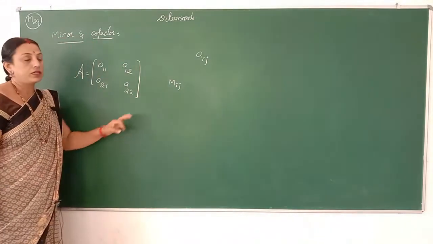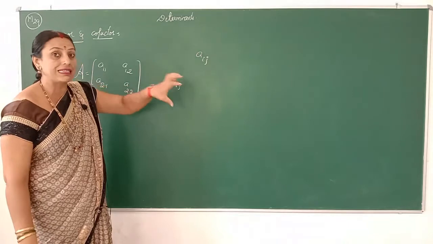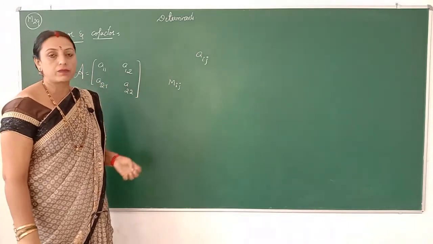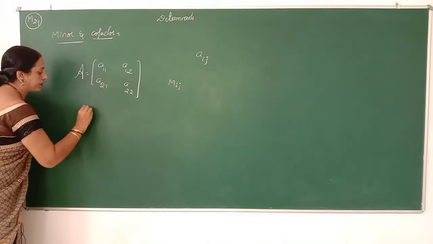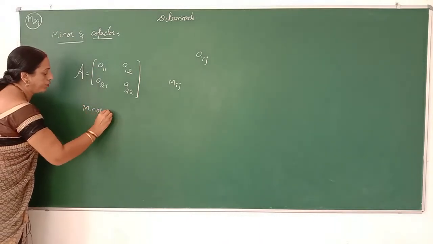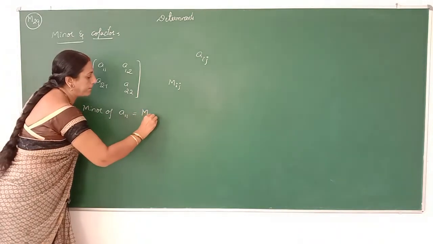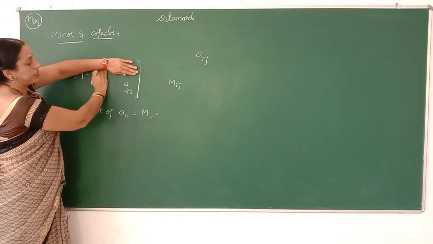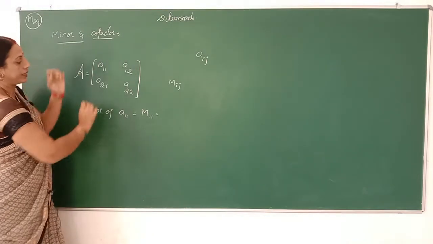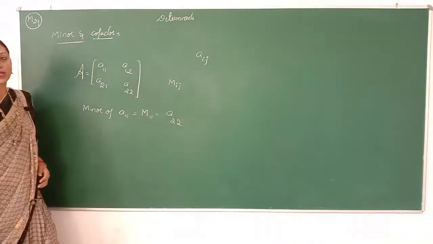So the minor of A11 is denoted by M11, and it is defined by neglecting the first row and first column, leaving A22.